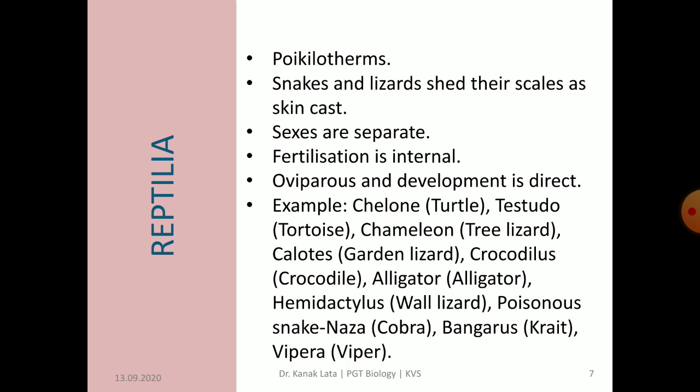They are dioecious, that is sexes are separate, and fertilization is internal, inside the body of the female. They are also oviparous and development is direct. Respiration occurs by lungs. Common examples are turtle, tortoise, tree lizard, garden lizard, crocodile, alligator, wall lizard, cobra, krait, viper, etc.